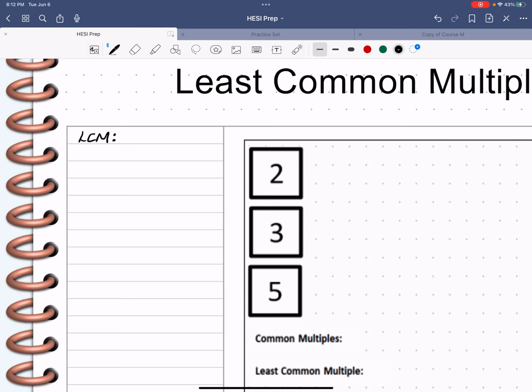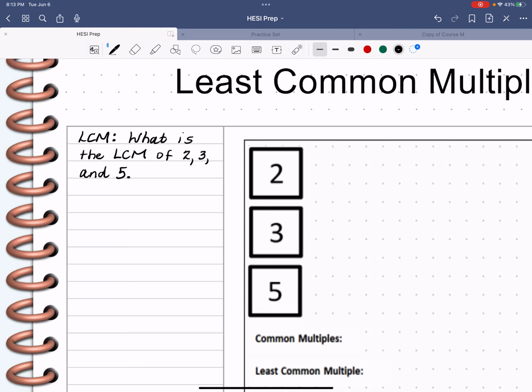So here is a question. What is the LCM, the least common multiple, of 2, 3, and 5? Now, these happen to be all prime numbers.